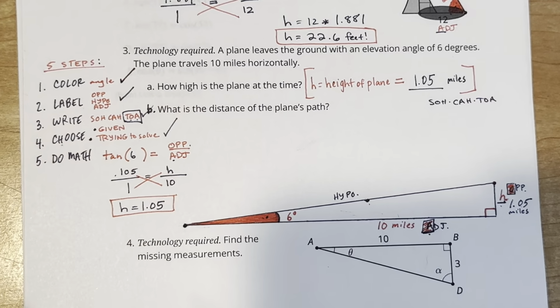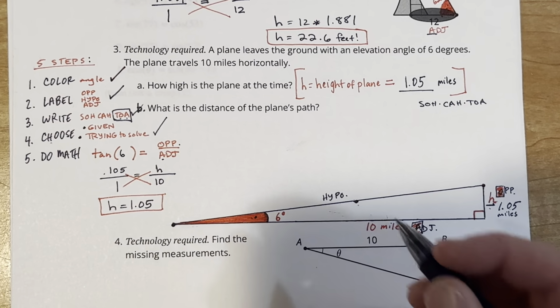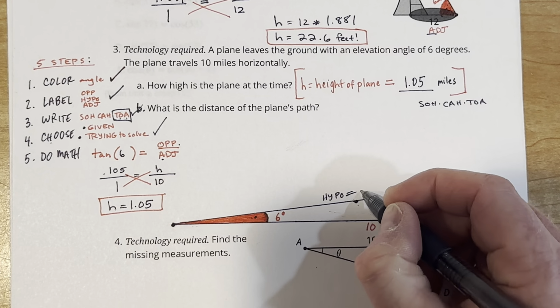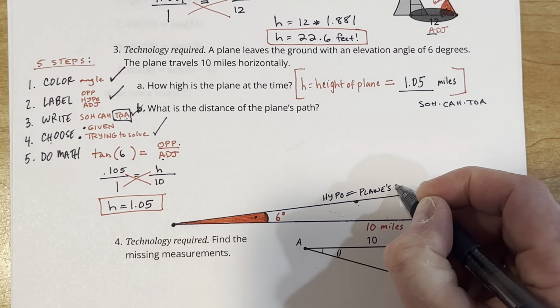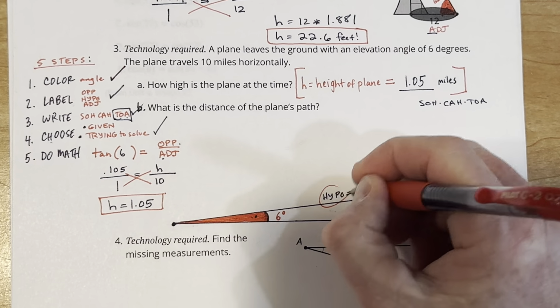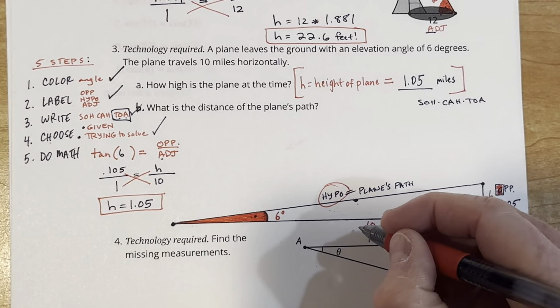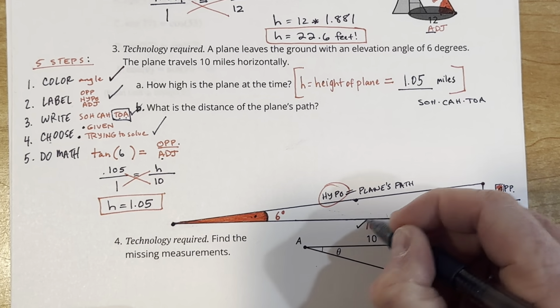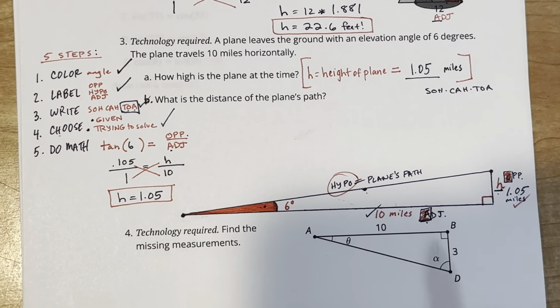All right, what is the distance of the plane's path? What's the plane's path? Oh, that's the plane's path. It is also the hypotenuse. And you have 2 sides already.